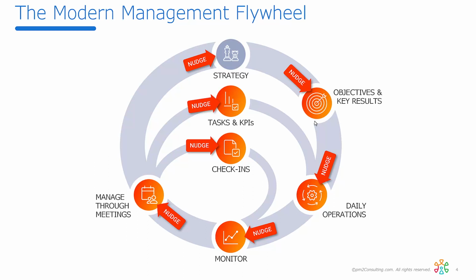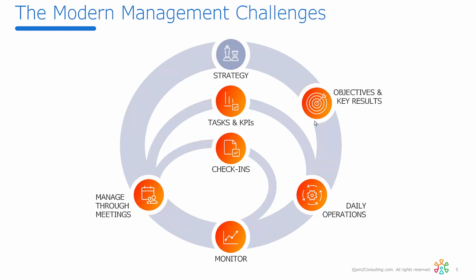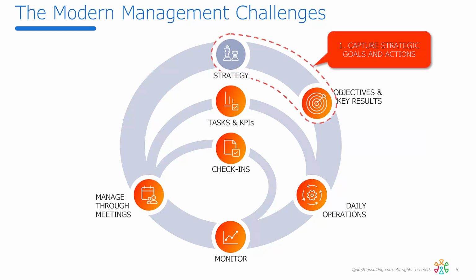The last thing I want to touch on is that as we take a look at organizations, we find that organizations' challenges tend to cluster around 3 scenarios. One is where they're not that good at capturing their strategy and goals. And so that's a logical starting point for them. And that's what people typically call an OKR process.